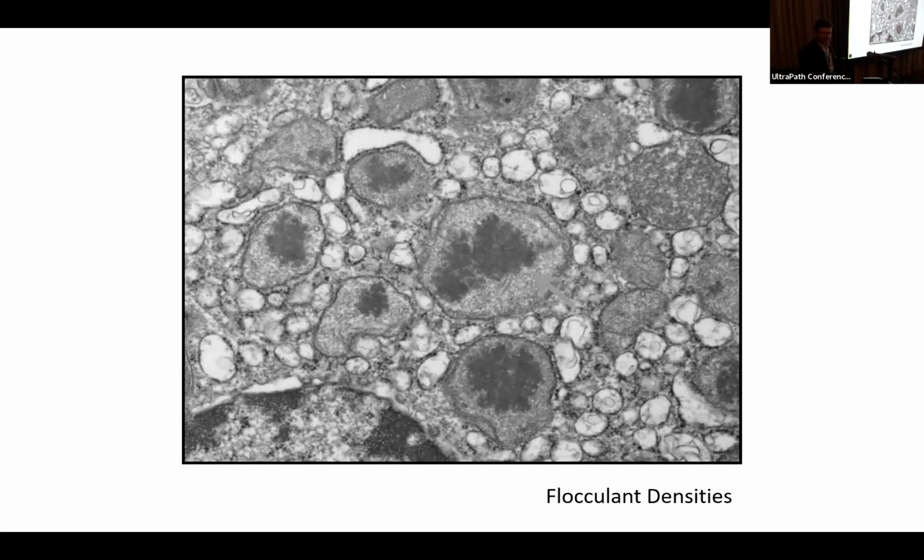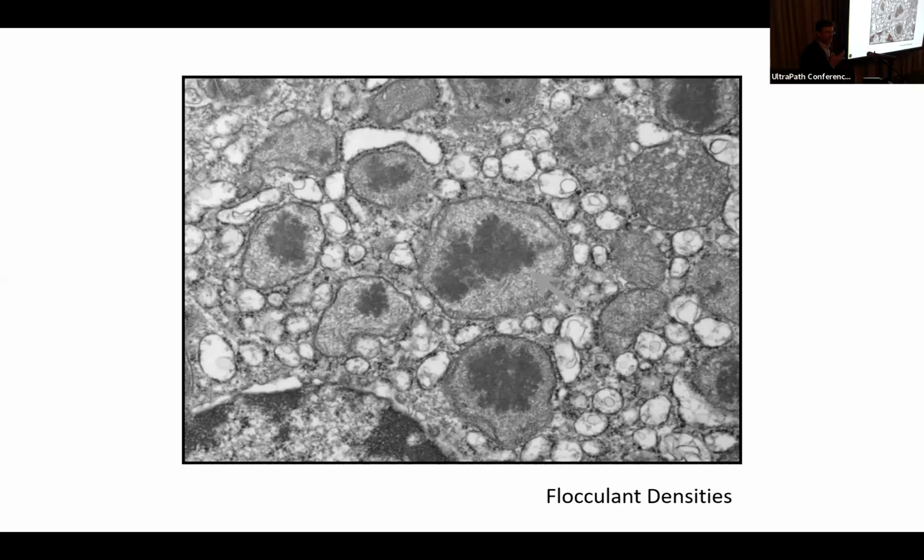The so-called flocculent densities that are sometimes seen within the mitochondrial matrix result from hypoxia and are an early indicator of cell death. It's not used much anymore, but I've heard people talk about how it used to be fairly routine to acquire a biopsy right after an organ transplant, and electron microscopy could be used to identify likely impending graft failure just due to the flocculent densities within the mitochondria.